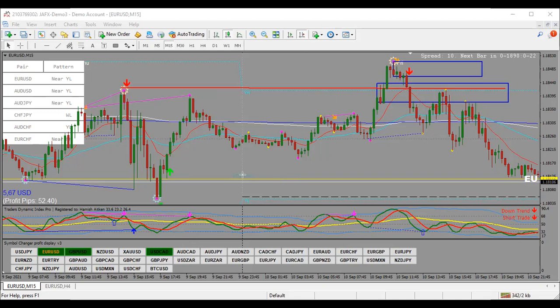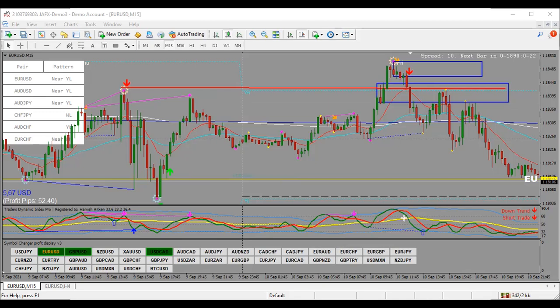The other one on the TDI is the market baseline at 32, 68 and 32. If you look at the TDI, you see the range is 68 here and 32 here. The market baseline is used to indicate a trend.